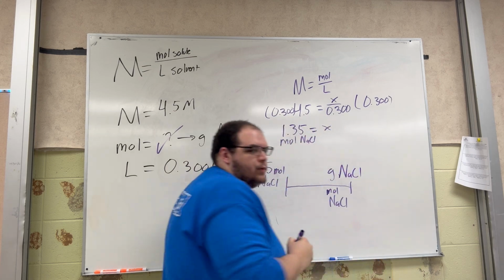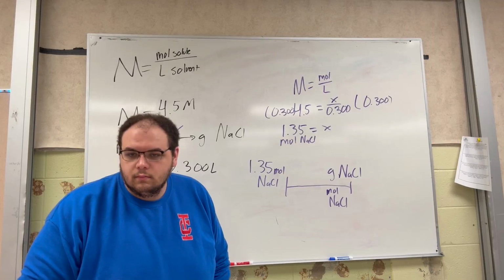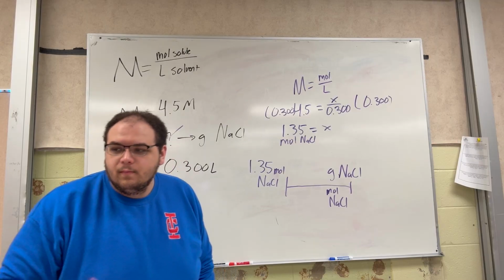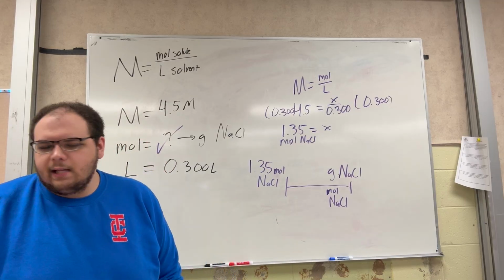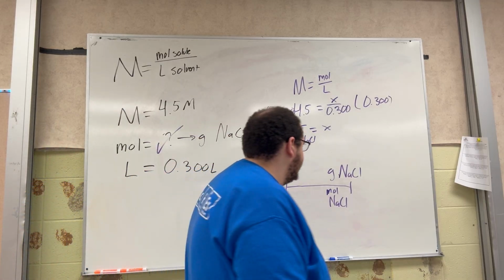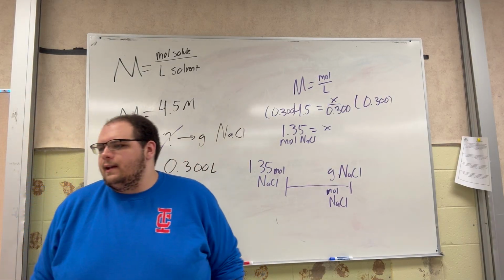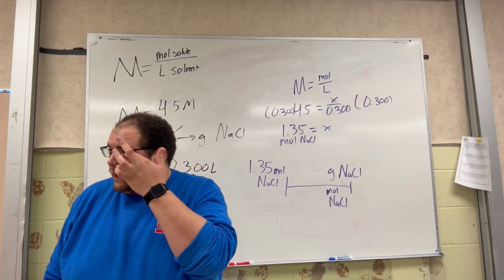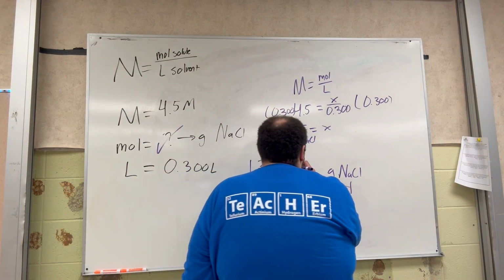Every time I see grams, where do I get that number from? From the molar mass. Periodic table mass, what is it? What's the periodic table mass of sodium chloride? I'll save you some time. It's 22.99 plus 35.45. I get 58.44.